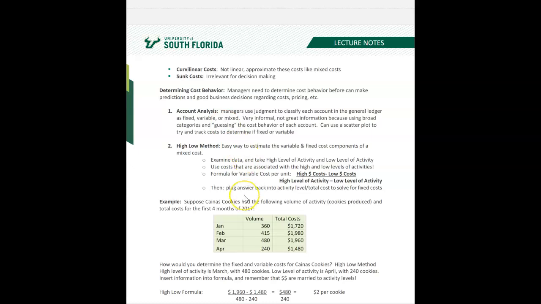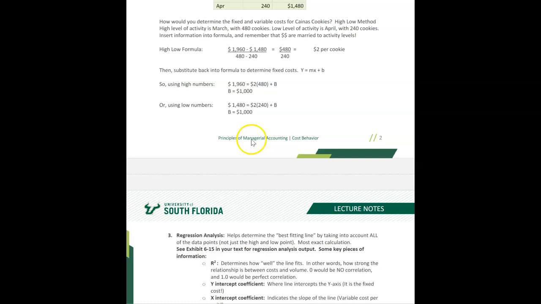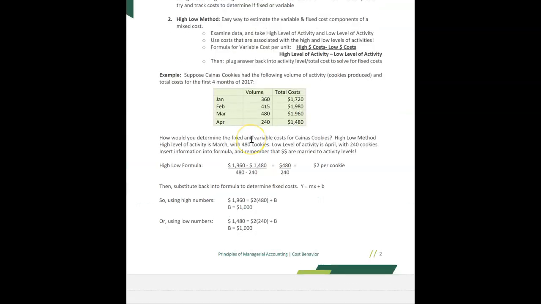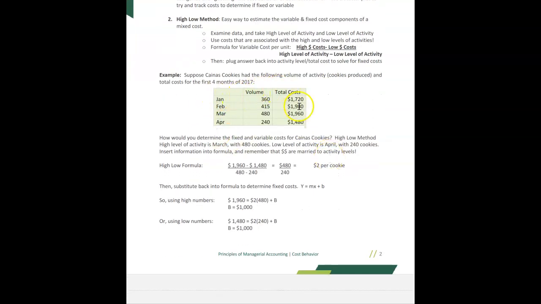Another way to do it is using the high-low method. We look at the data, we take the high level of activity and the low level of activity, and take the difference in cost divided by the change in activity, and that will give us our variable cost. Now here's an example of it down below. Here is our data, and we've got January through April.